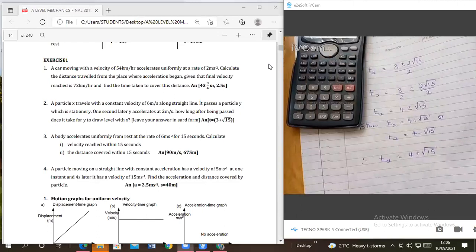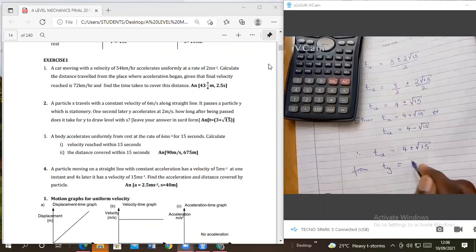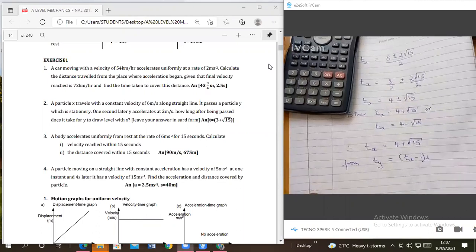Remember, we are not looking for Tx, the time of x, because when you look at the question, it said how long after being passed does y need to take to draw level with the x. Remember we said Ty is equal to Tx minus 1. Do you remember that?